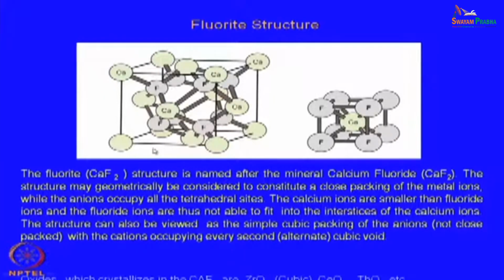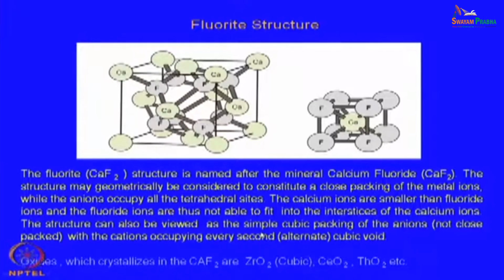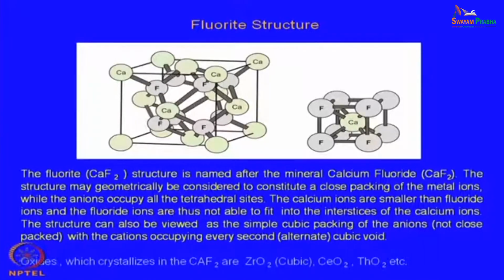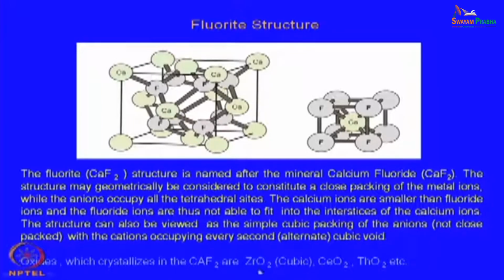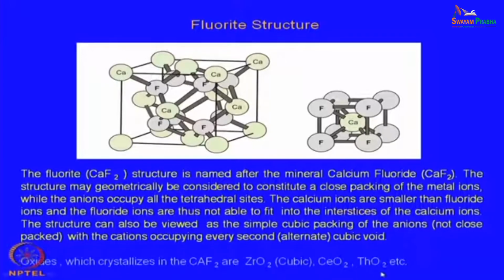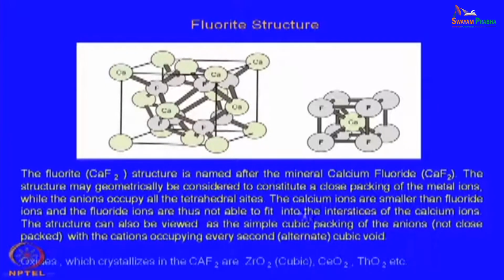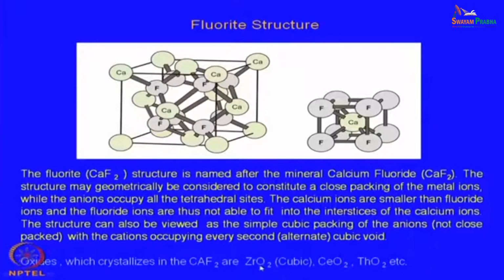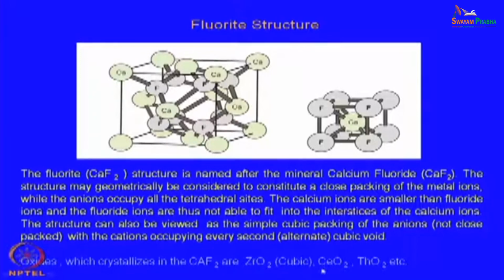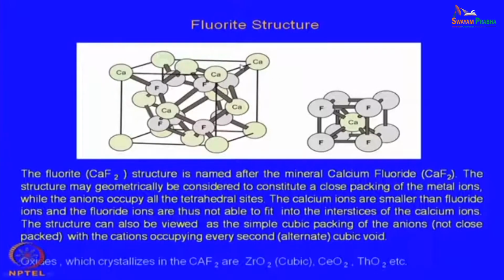crystallize in this particular arrangement are zirconium dioxide, particularly the cubic form, cerium dioxide and thorium dioxide. You will find that the cationic to anionic ratio is always 1:2 in all these oxides, as in CaF2.